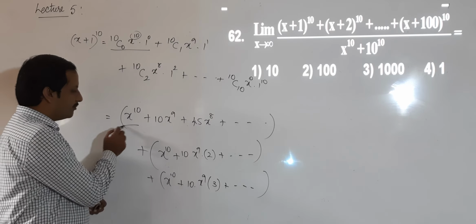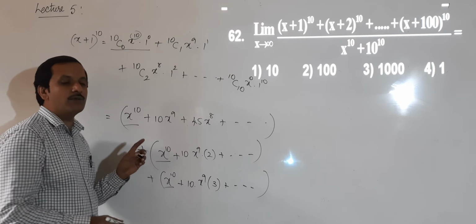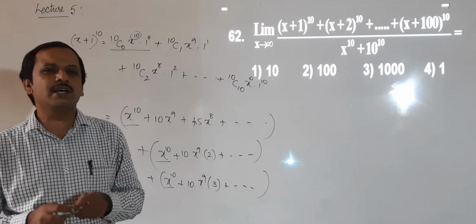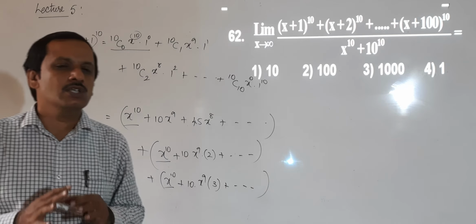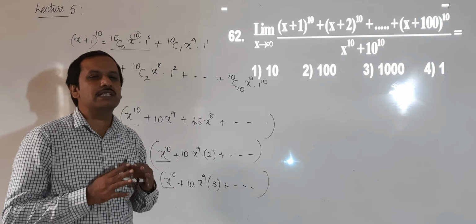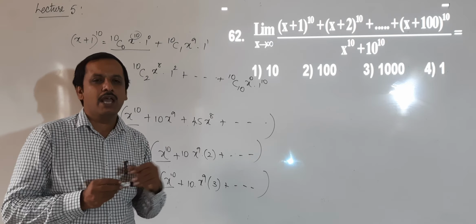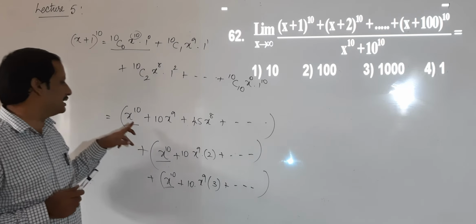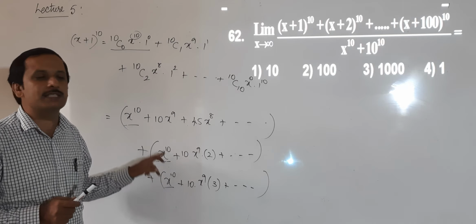I am just interested in knowing the highest power of x. In each of these expansions, the highest power of x is 10. So all are polynomials of degree 10. And the coefficient of x power 10 is 1 in each of these expansions.